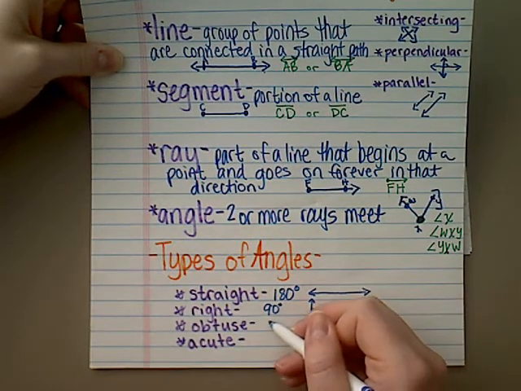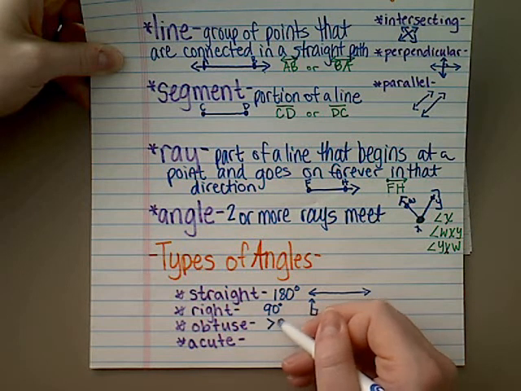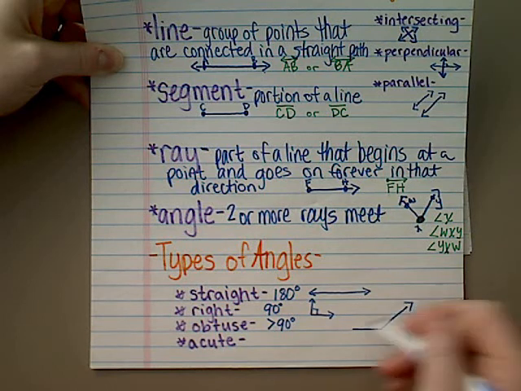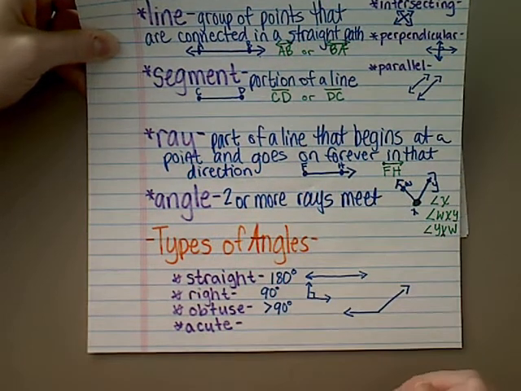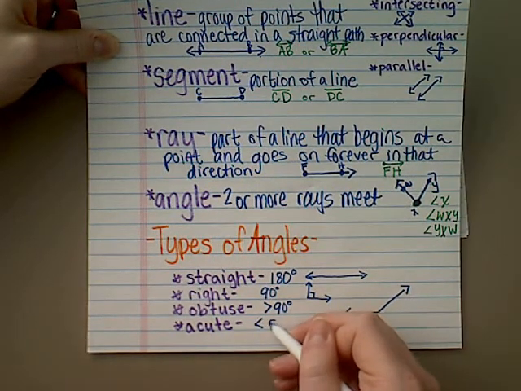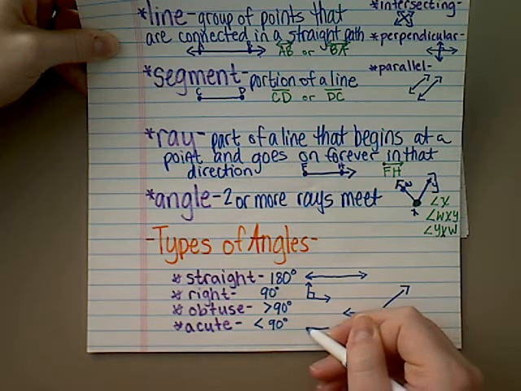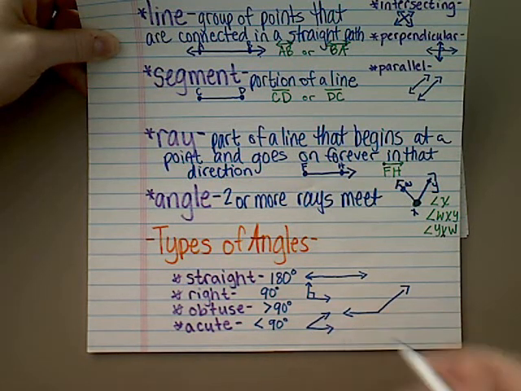And then an obtuse angle is greater than 90 degrees. So that could be an angle that might look something like this. And then an acute angle is less than 90 degrees. And that might be an angle that looks like this.